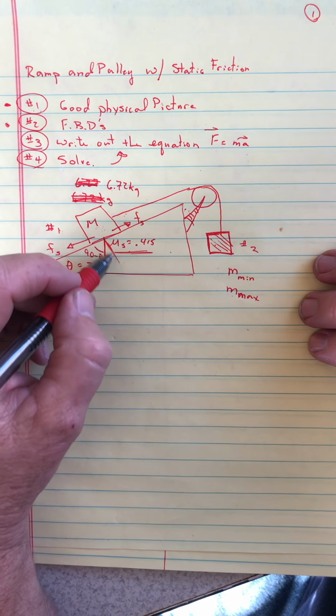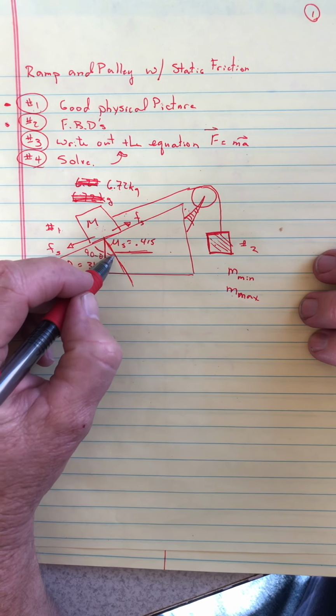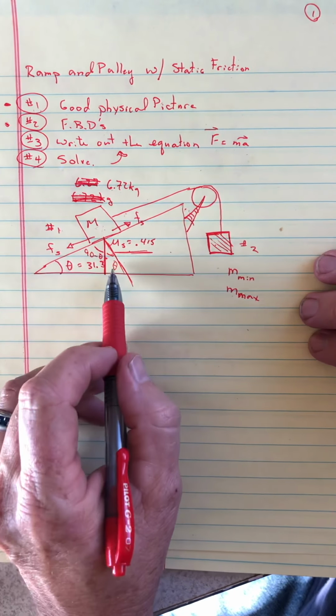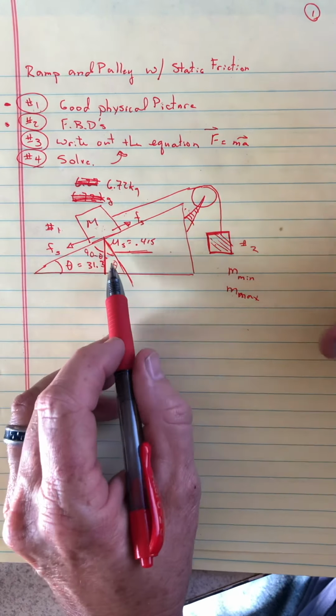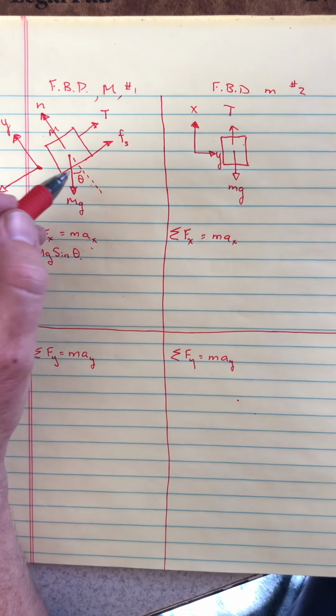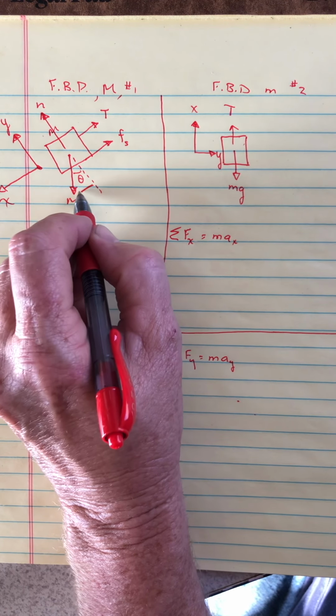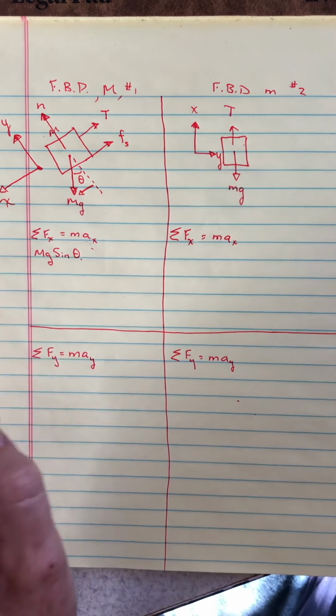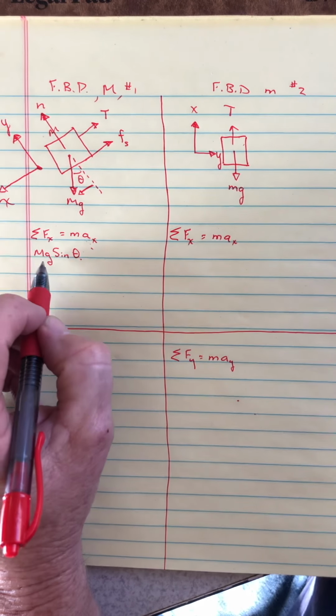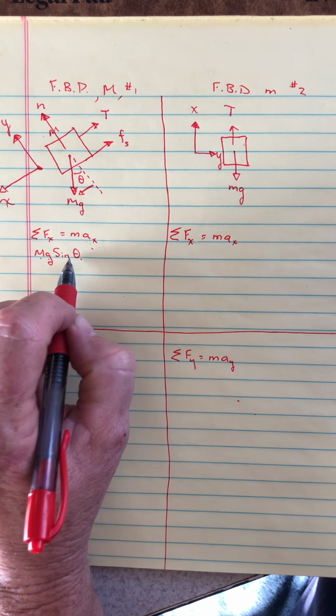And so this right here would become a theta. And that's the angle from the vertical that I'm looking at. So this is the theta. And I'm trying to see how much of this force of gravity is opposite of this angle theta. So that's why I'm going to write this as capital mg sine theta.